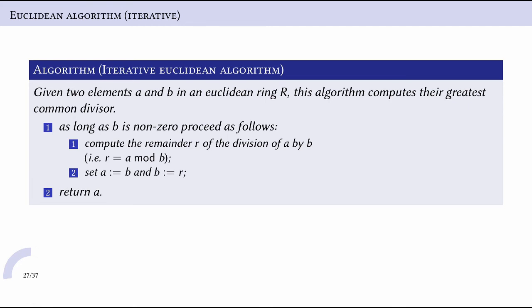So again, let me show you a short example of how we compute it. For example, take a to be an integer 3256 and b to be a second integer, let's say 2331, and we are looking for the greatest common divisor of a and b using the Euclidean algorithm. So what we do, we compute the remainder. It's easiest to write it down in the form of a table.